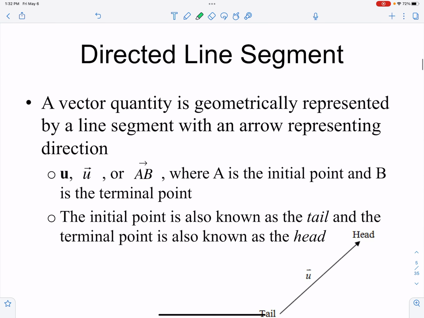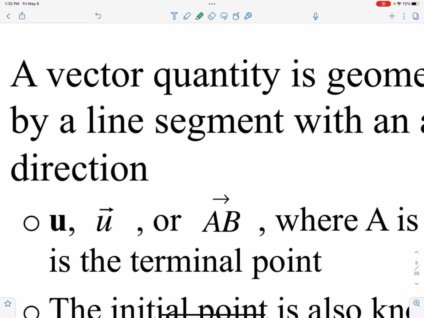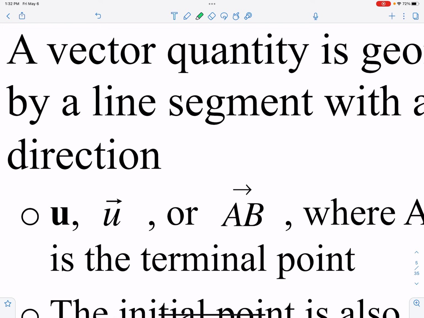Vectors can be represented geometrically with a directed line segment. Here are some of the common notations for vectors. In different texts, you may see lowercase letters in bold used to name a vector, or a lowercase italicized letter with an arrow over the top.